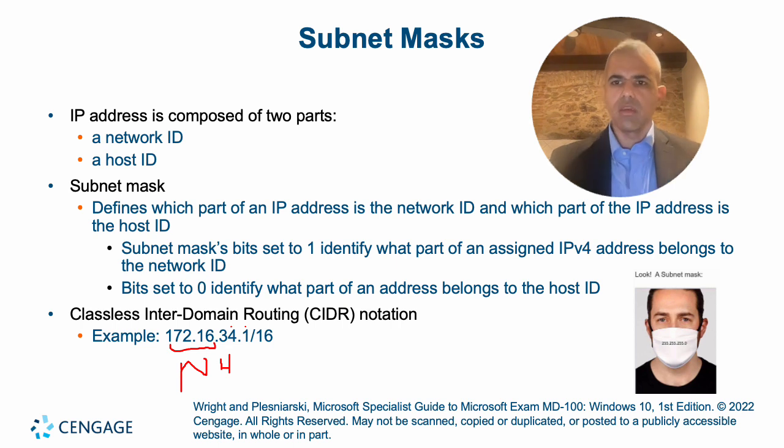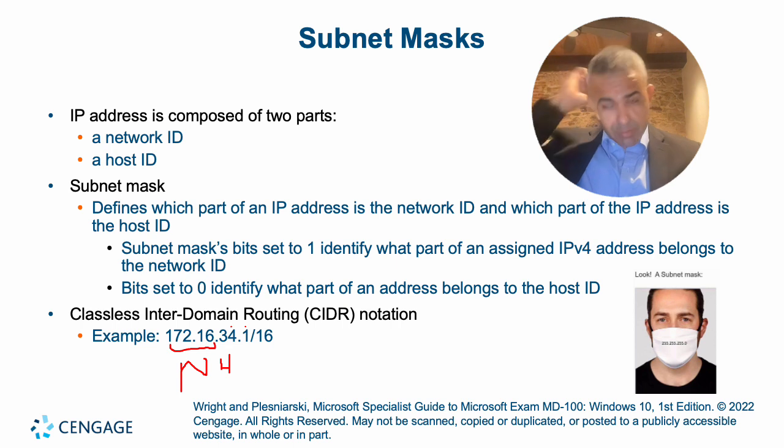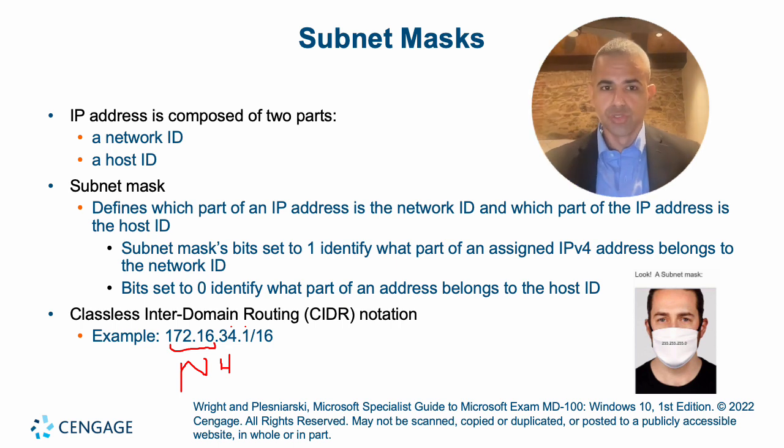So since we know that the first two are for the network and these two are for the host, the subnet mask for this would be 255.255.0.0. It's just a quick way to look at it and know, without looking at the CIDR, which bits belong to the network and which bits belong to the host.